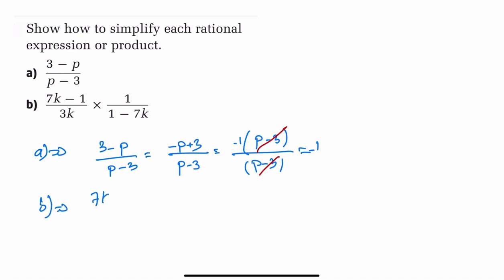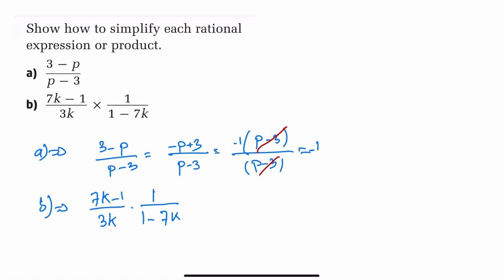For B, 7k minus 1 over 3k times 1 over 1 minus 7k. Same thing here. I have 7k, 1, 1. So I should manipulate one of them to be the same so I can reduce it.